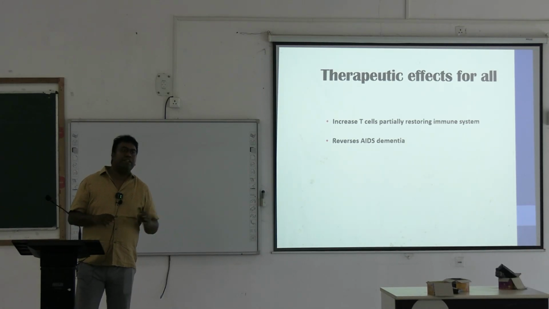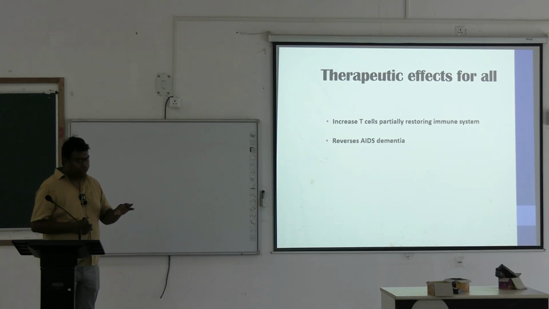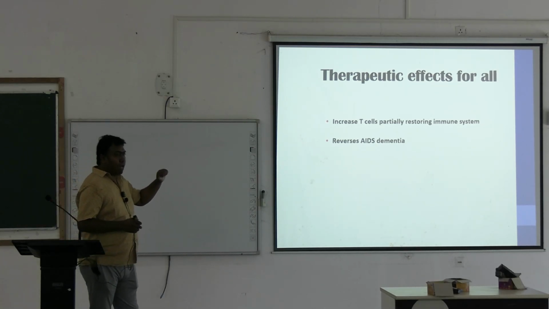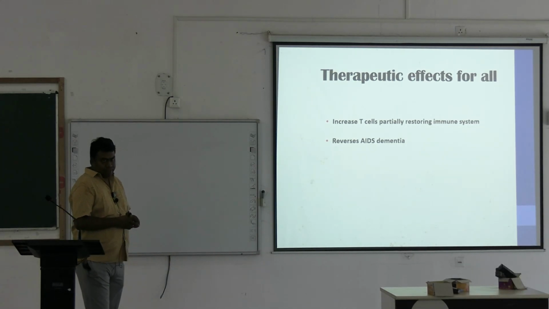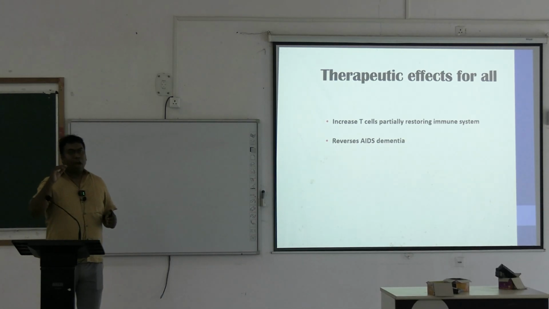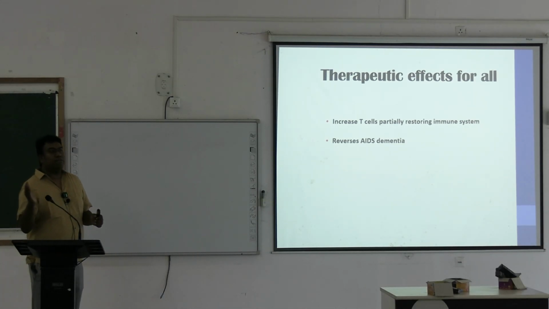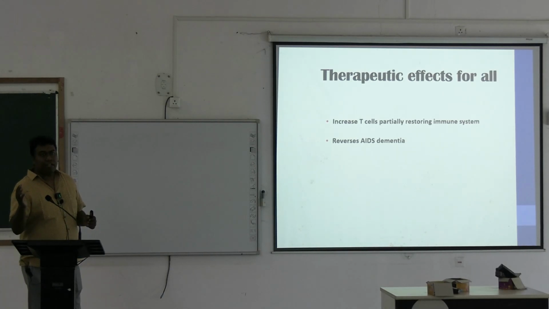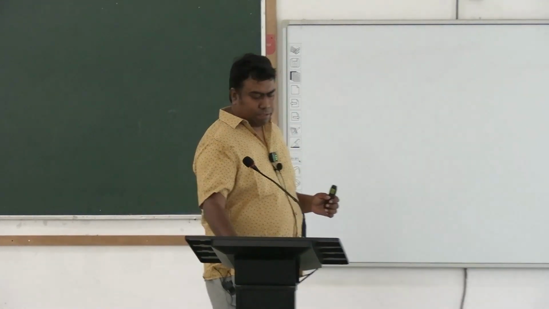But primarily, they develop the immune system by increasing the T cell count. T cell count will be less if HIV infection progresses. This drug helps to increase T cells, and helps to develop or increase the immune defense.